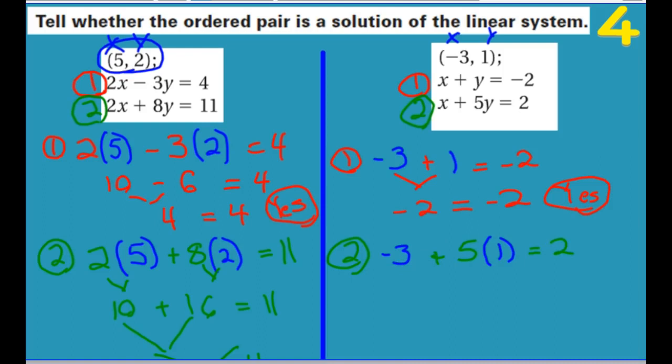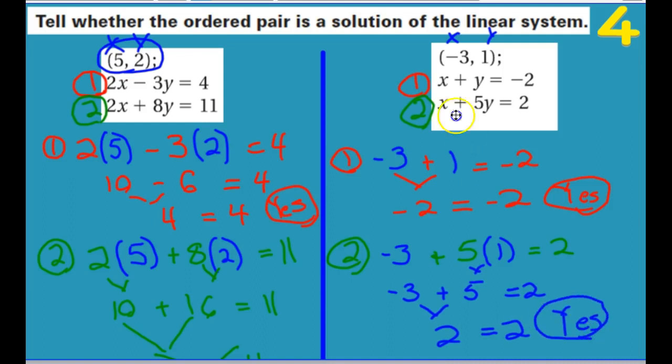Well, -3 is just -3. 5 times 1 gives us 5. That equals 2. -3 plus 5 equals 2. 2 equals 2. So this one is also yes. That tells us that -3, 1 is a solution to this linear system because it works for both of them.